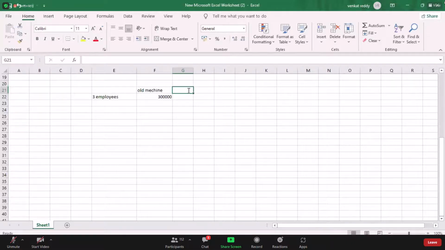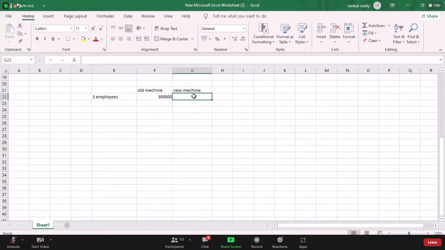Now, if they replace it with a new machine, they need only 1 employee. So it means that only 1 lakh they will be incurring as salary.